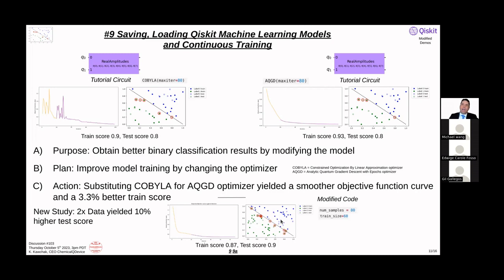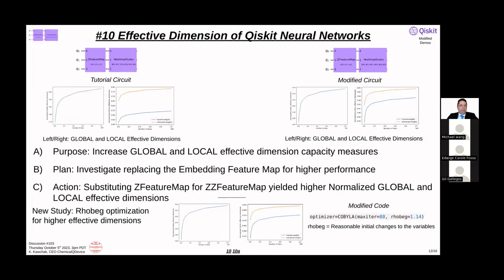So it seems like that's just the trend with a lot of these Qiskit ones, is that they just have smaller data sets. It's more important to get everything running. And if you're thinking in your head as far as whether this is a good circuit change to make, or a good optimizer modification to make, those types of things. But anyways, I increased the data set and then wound up with a new test score from 0.8, or 80%, to 0.9. The test score is kind of like the metric for it.